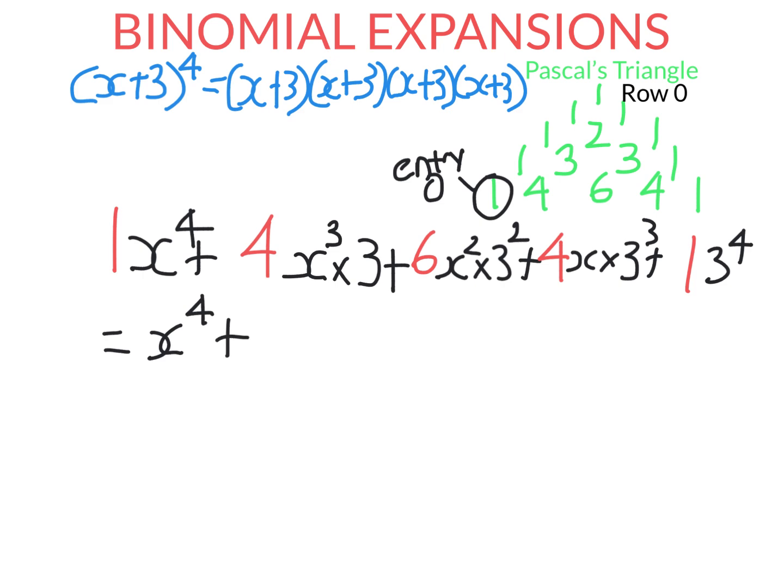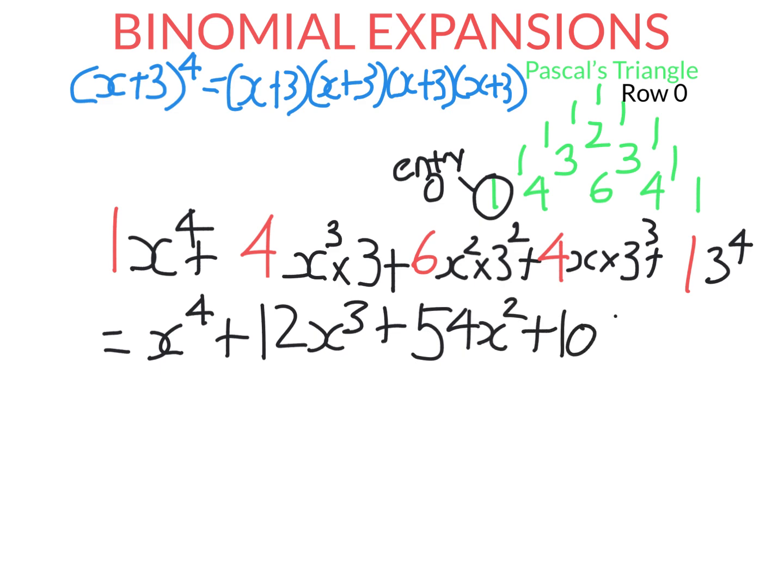The next term is 4 times 3, so 12x cubed. Next up, we have 6 times 3 squared, 6 times 9, 54. Then we have 4 times 3 cubed, 4 times 27 is 108, and the last one is 3 to the power of 4, which is 81.